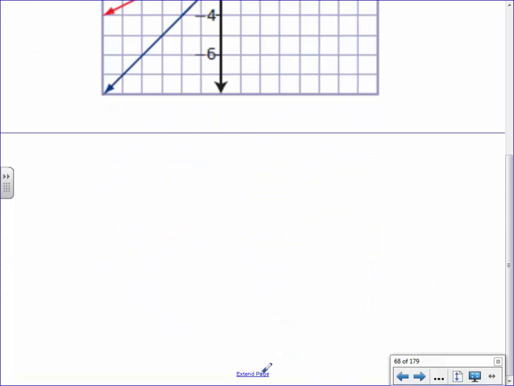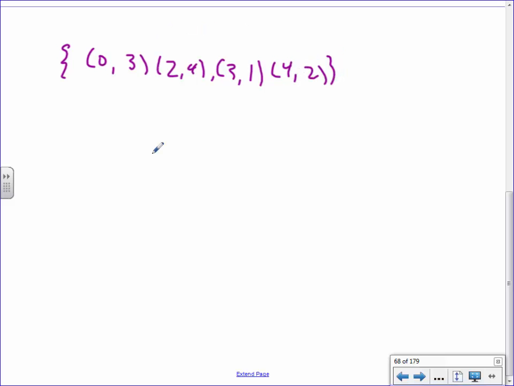Can I do one more thing with you? I want to do a table of values because this is what's on your assignment. Let me give you some points. I'm just making up a new example. Okay, let's make this be f of x.